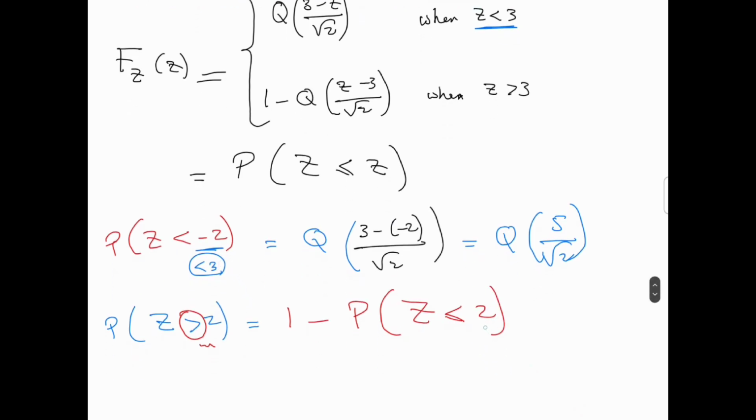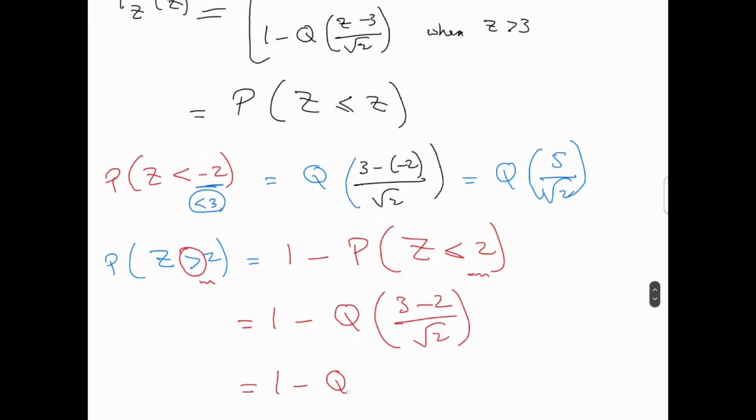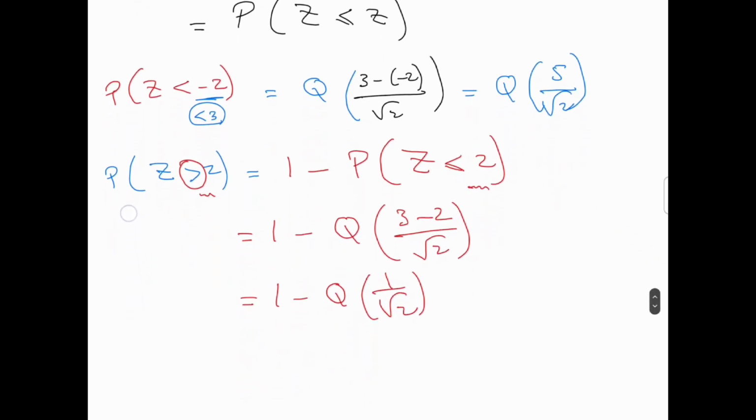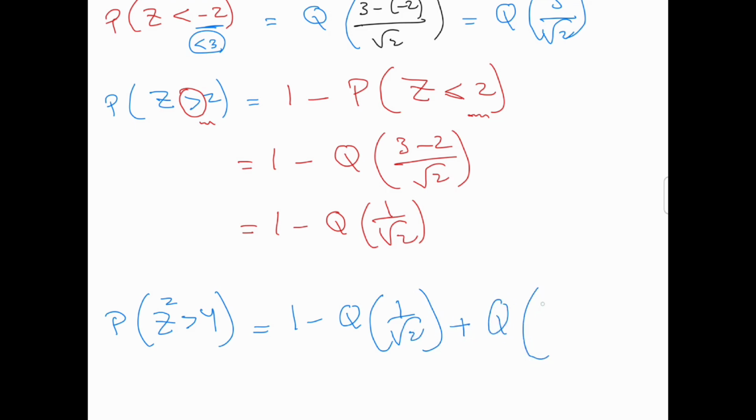And because this is less than 3 as well, this will be 1 minus Q of (3 minus 2) divided by root 2. So the answer is 1 minus Q of 1 over root 2. Therefore, the probability of Z squared greater than 4 is equal to 1 minus Q of 1 over root 2 plus Q of 5 over root 2.